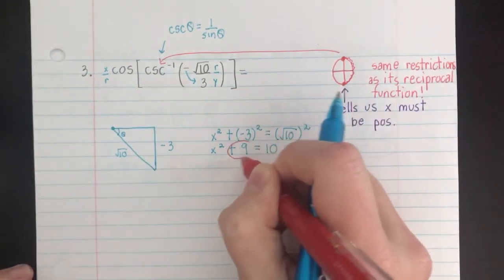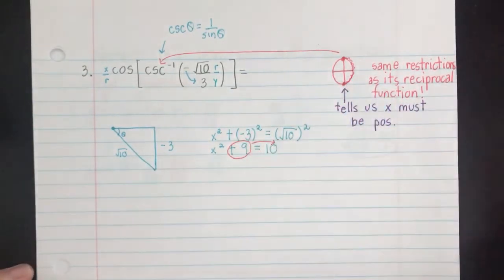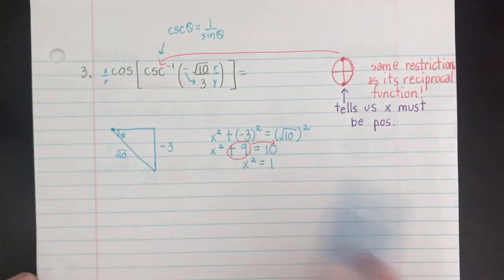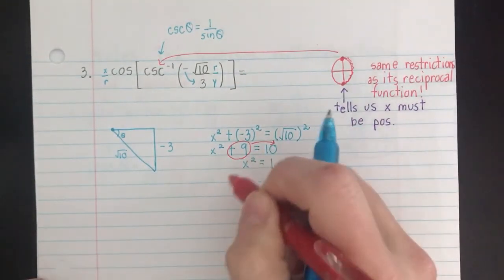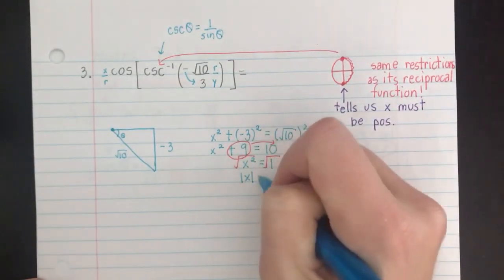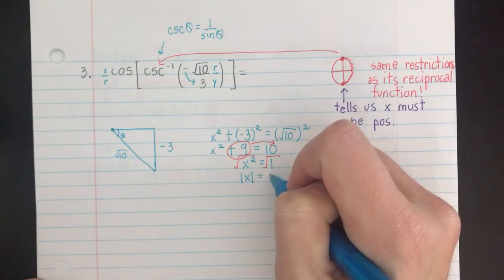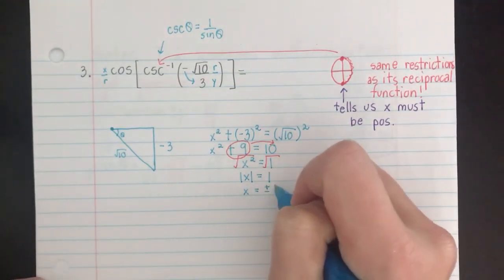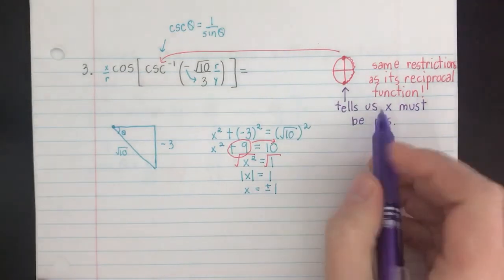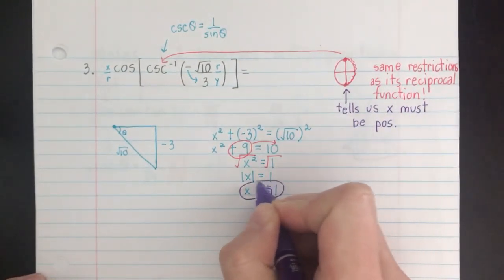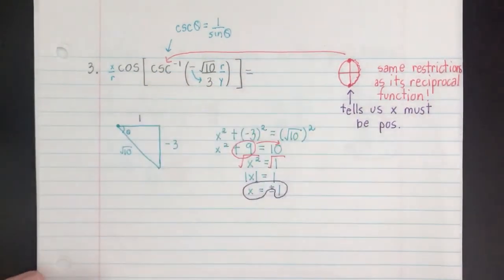We're going to move that 9 over. So it's going to be x squared equals 1, right? 10 minus 9 is 1. So then square root each side. Absolute value of x equals square root of 1, which is 1. So x equals plus or minus 1. However, since x must be positive, okay, there we go, label that.